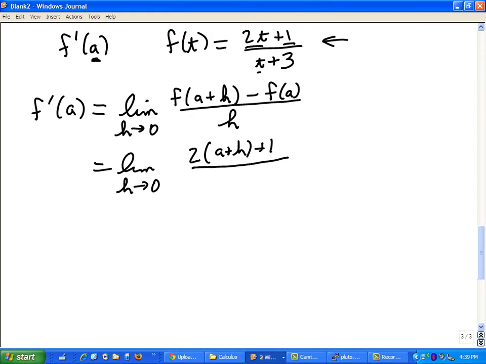That's f of a plus h. I've still got to do f of a. That means replace t by a, so that's just going to be 2a plus 1 over a plus 3. And all of that is divided by h.